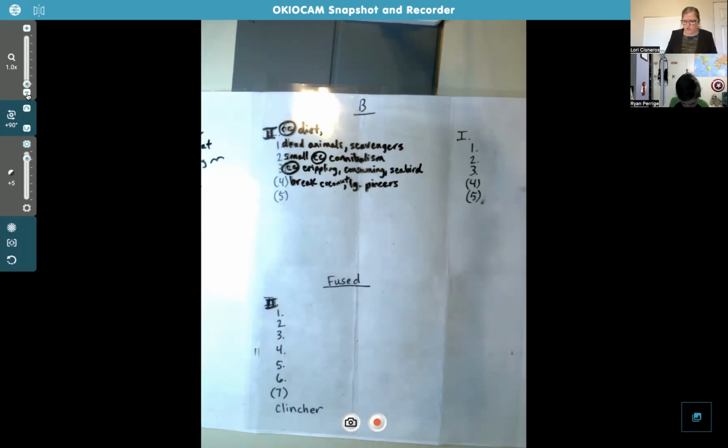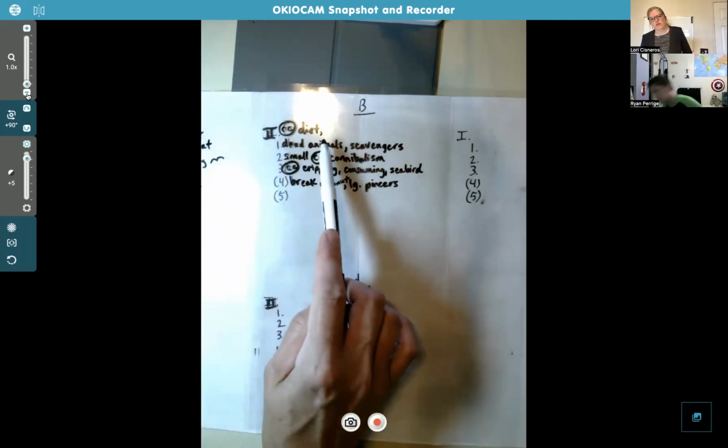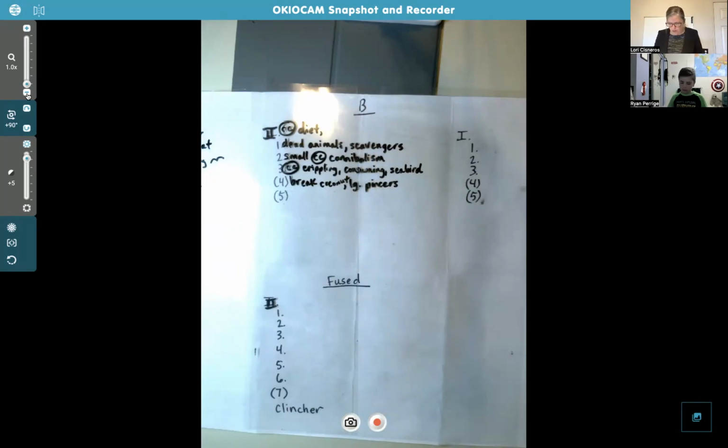I kind of like how that last sentence says coconut crabs are patient and determined omnivores. I wonder if that's what we could use at your Roman numeral here. Like diet and then either patient or determined. I think it's true because it's crazy how these sea creatures actually plot out attacking and dragging and tearing apart. It's like they have this instinct. What do you think? I would go with determined.